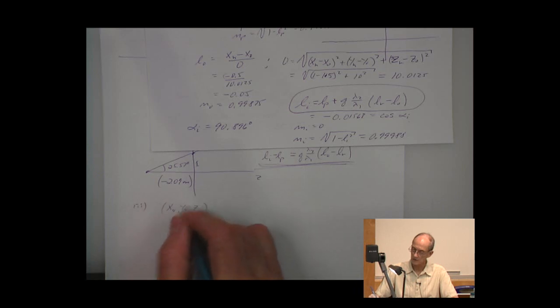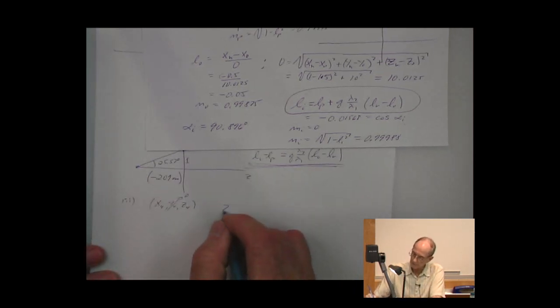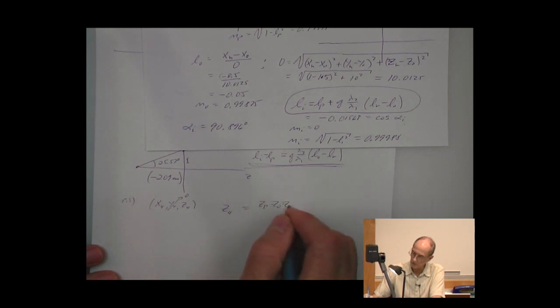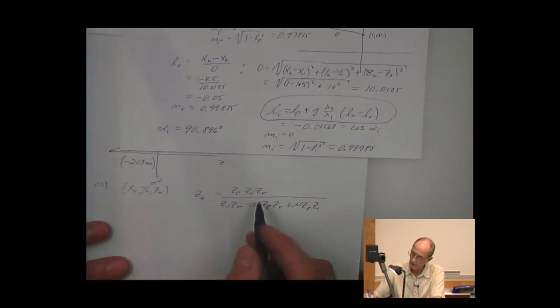All right, so y4 is going to be 0, and we simply have that z4 is equal to zp, zo, zr over z0, zr minus mu zp, zr plus mu zp, zo. All right, and so here, if zp and zr are at infinity, right?